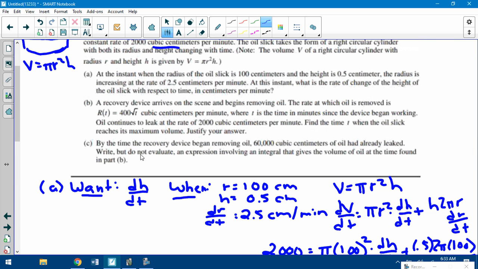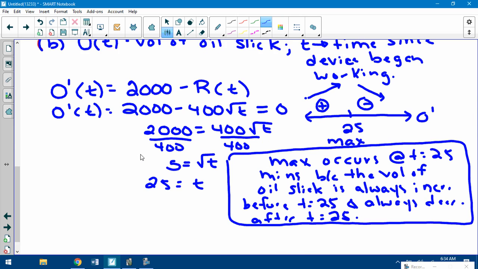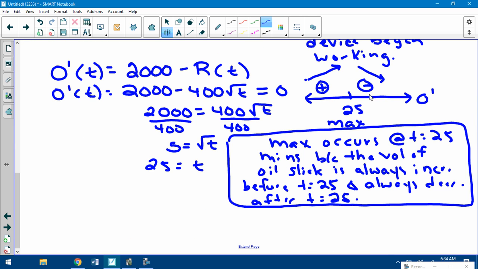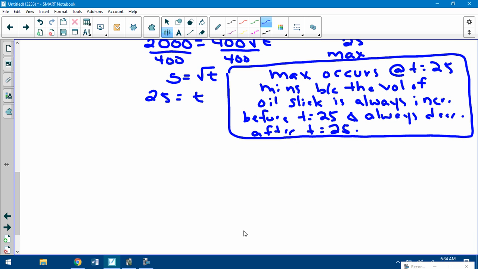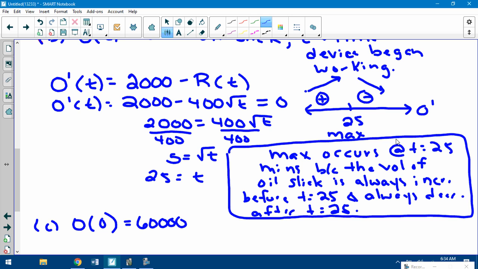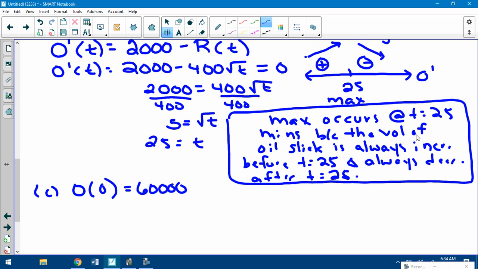Write but do not evaluate an expression involving an integral that gives the volume of the oil at the time found in part B. So we know that the oil at time 0, that's O of 0, is 60,000. I want the oil at time 25, and I have an equation for O prime. So how can I get O of 25?